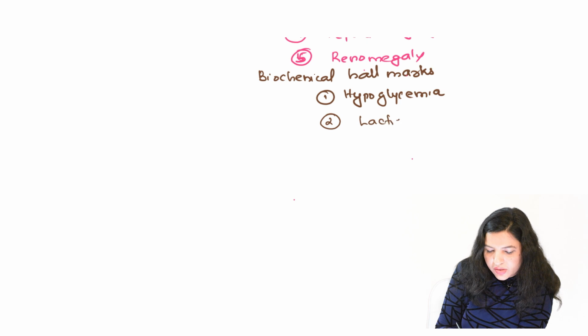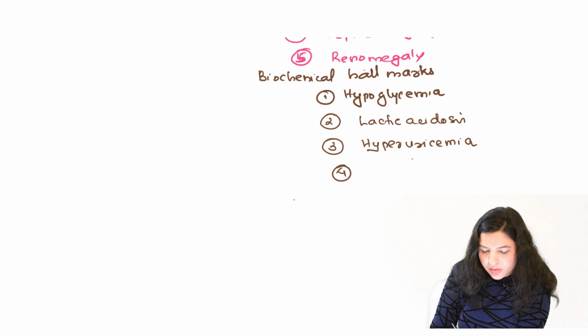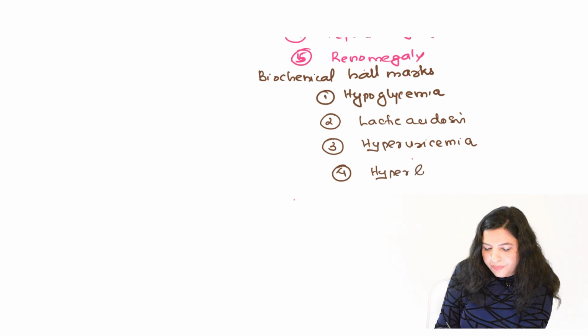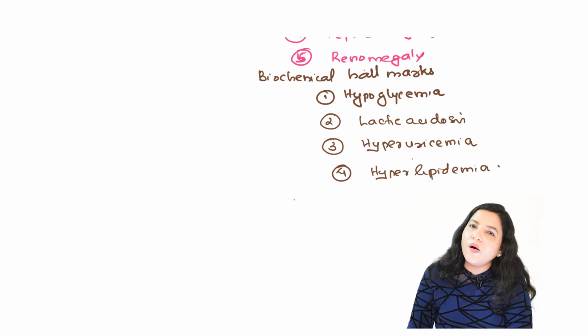Lactic acidosis. 3. Hyperuricemia. 4. Hyperlipidemia. So these are some of the biochemical hallmarks.